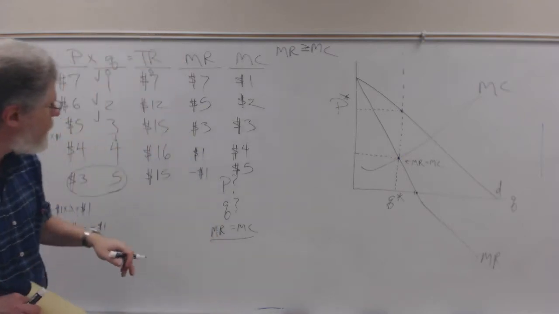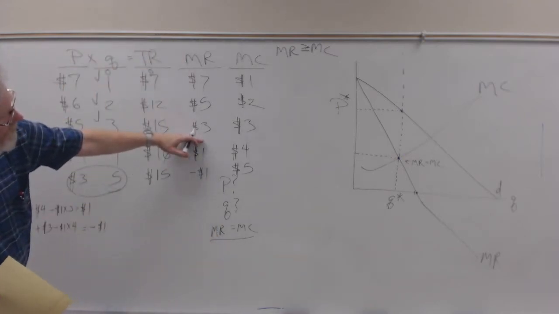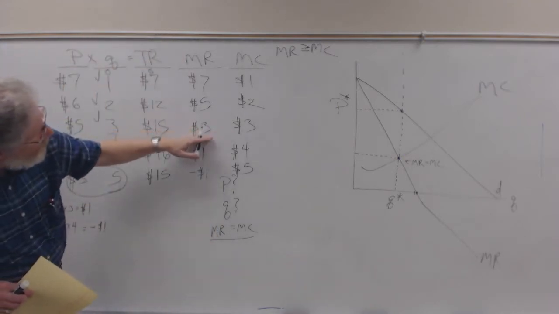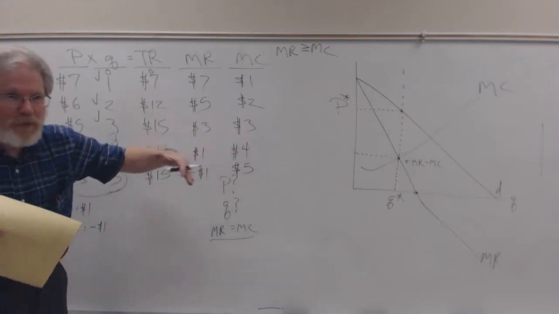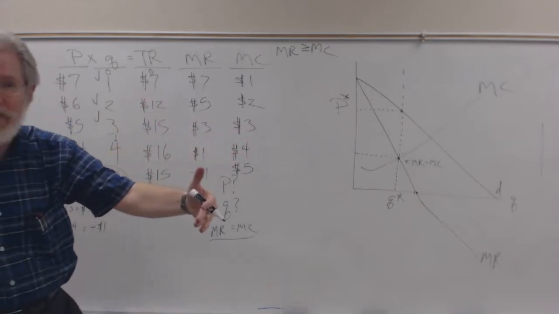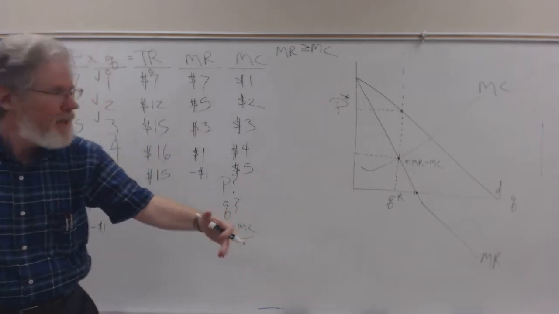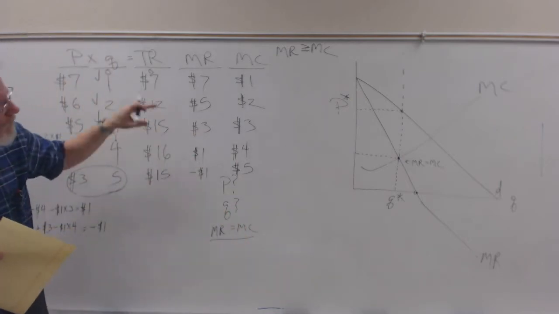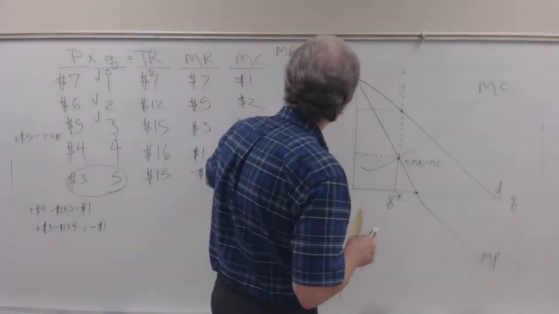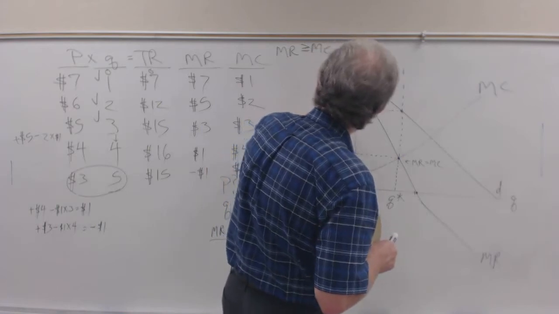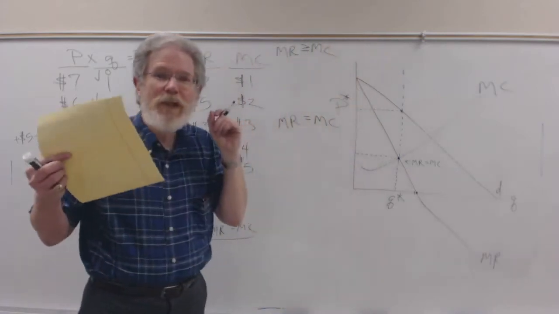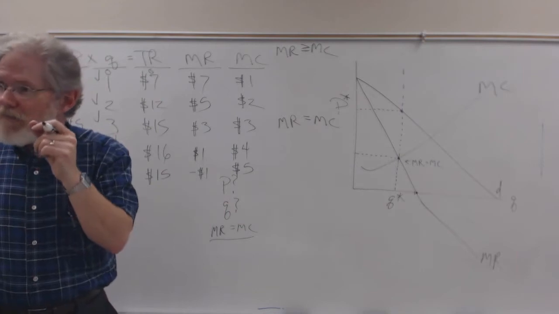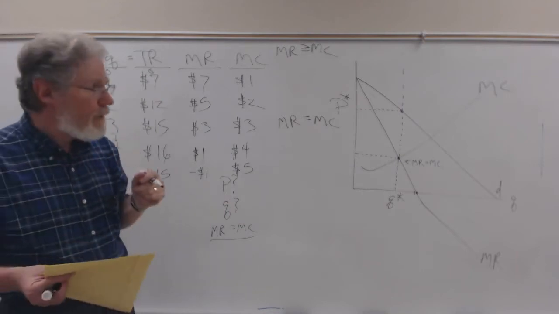Now, if you're thinking, well, but that last unit adds the same amount to revenue as to cost, so he's not really making a profit on that last unit, that's true. He's indifferent. The very last unit where MR and MC are equal, he's really indifferent between producing that very last unit and not producing.